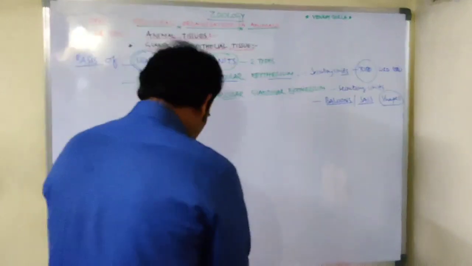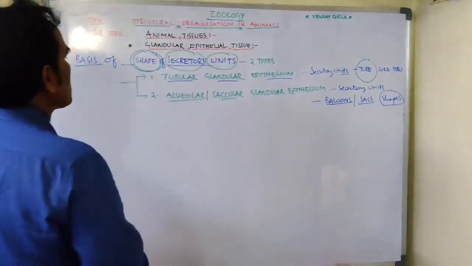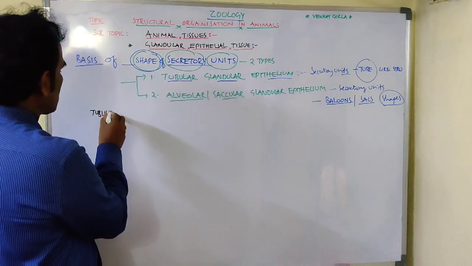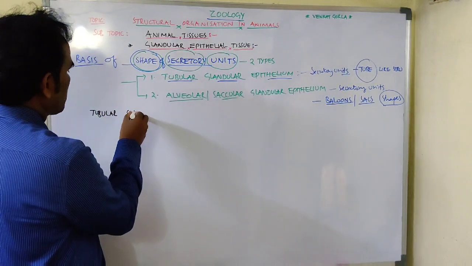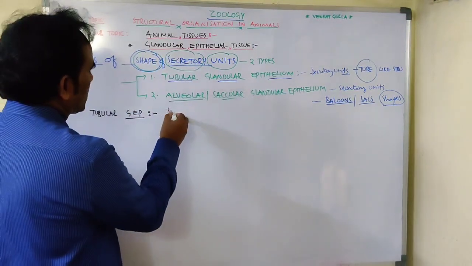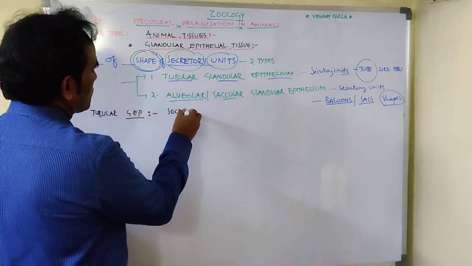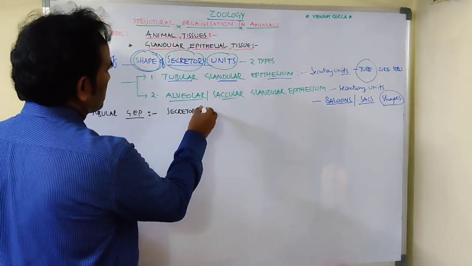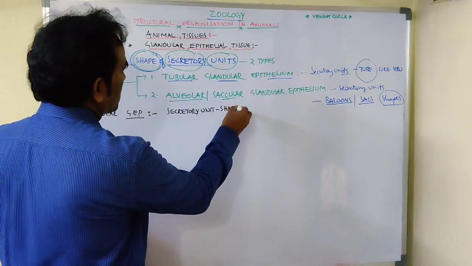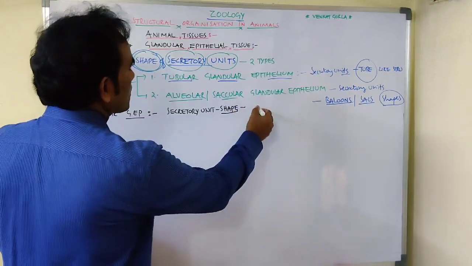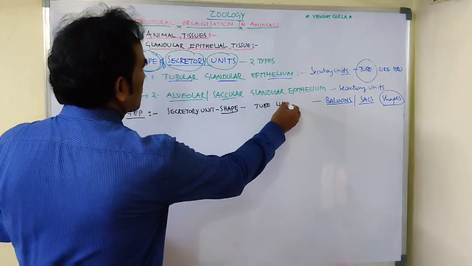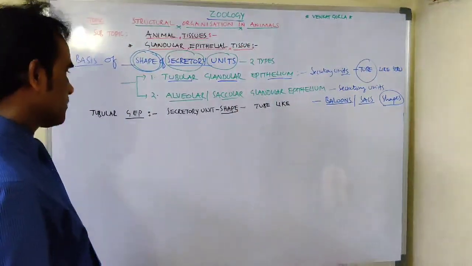Now let's see the first one, called tubular glandular epithelium. As I told you, in the tubular glandular epithelium the secretory units are tube-like in shape, so hence it is called tubular.